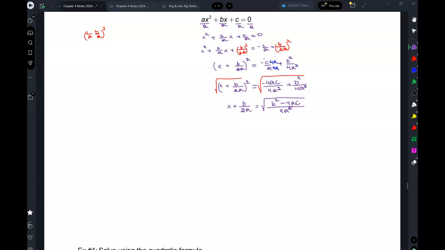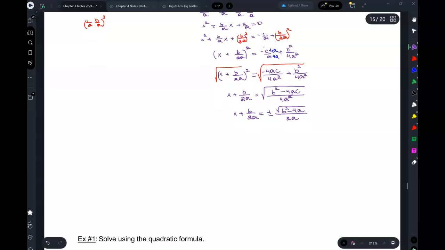So now this is x plus b over 2a is equal to plus or minus, and now let's split this. In the numerator, I have the square root of b squared minus 4ac. What do I get in the denominator? 2a.